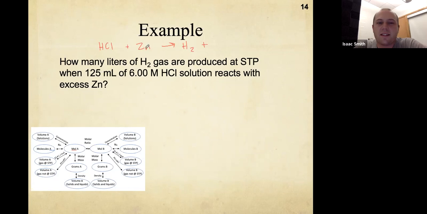And so you can see this is actually a single displacement reaction. Single displacement. And so if our hydrogen is going to be on its own, what we're left with is zinc and chloride. And luckily those will form a complex here.